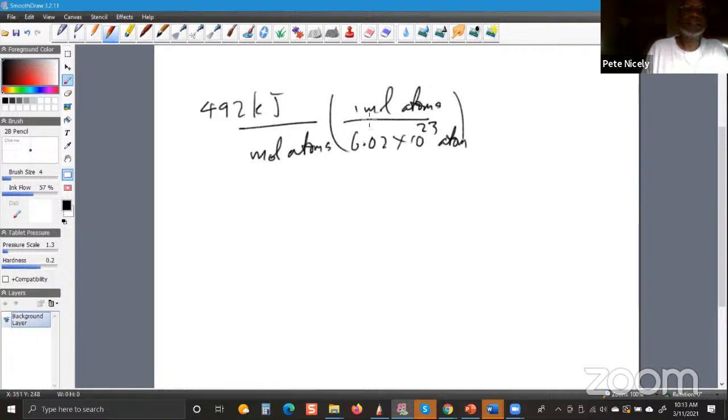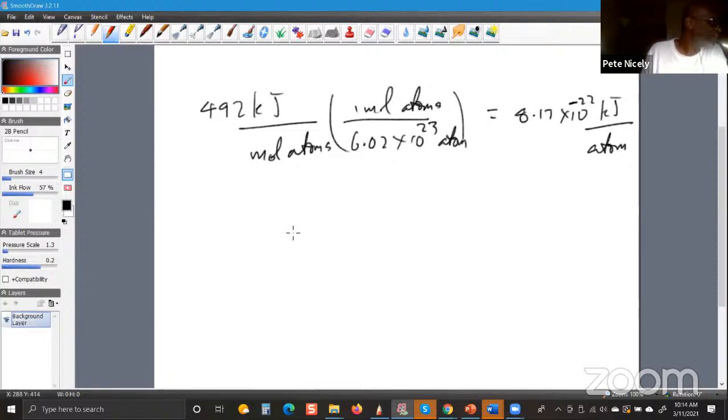Let's do that calculation: 492 divided by 6.02 times 10 to the 23. The answer I got is 8.17 times 10 to the minus 22 kilojoules per atom. That answers the first part of number 7.